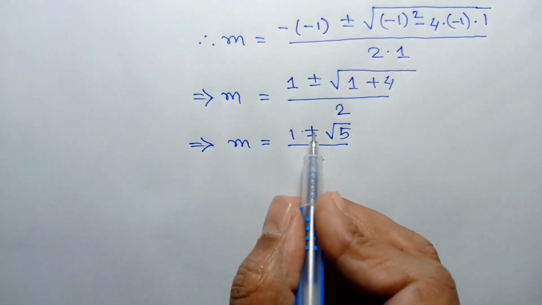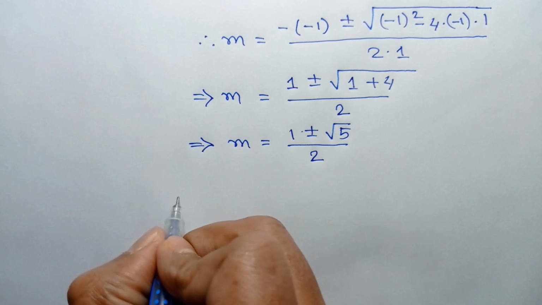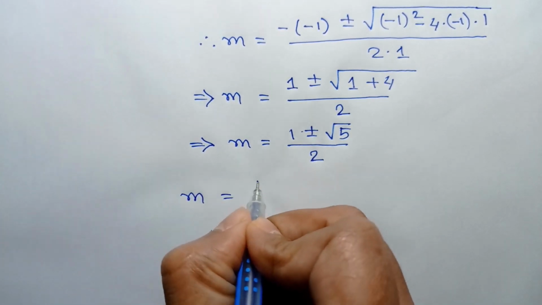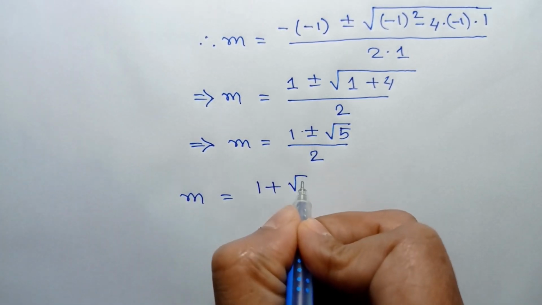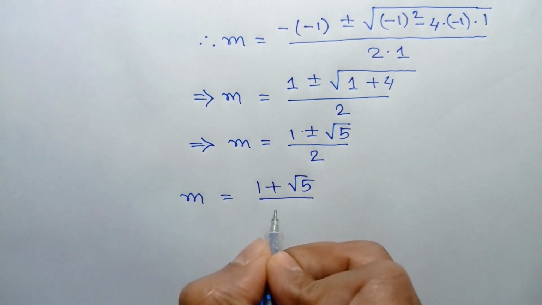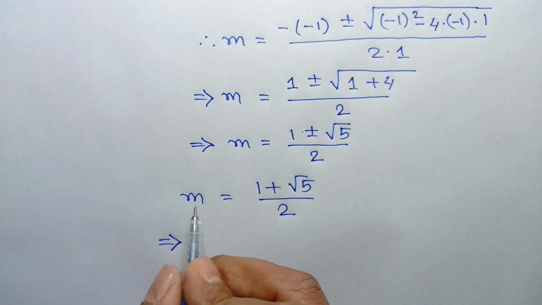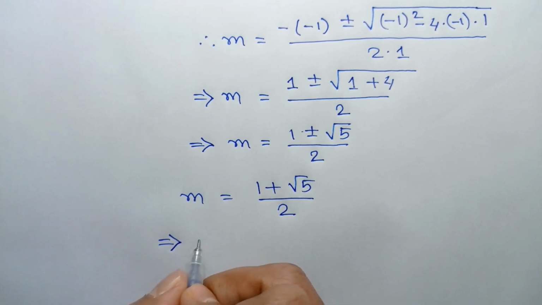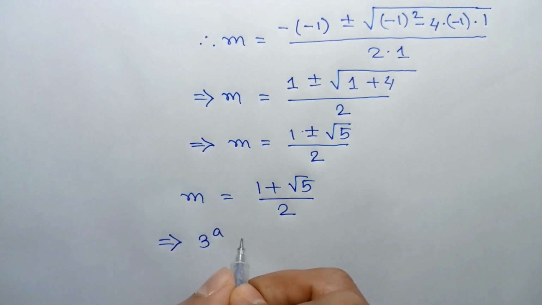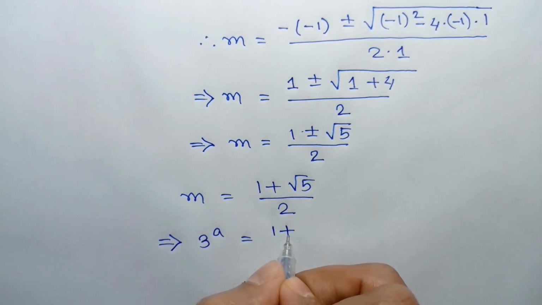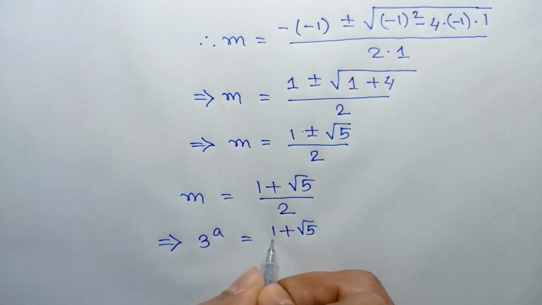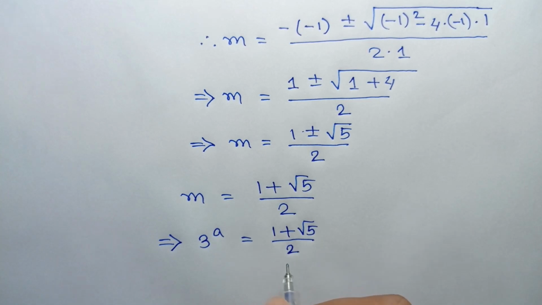Now taking the positive, we can write m is equal to 1 plus square root of 5 over 2. Substituting m is equal to 3 to the power a, we get 3 to the power a is equal to (1 plus square root of 5) over 2.